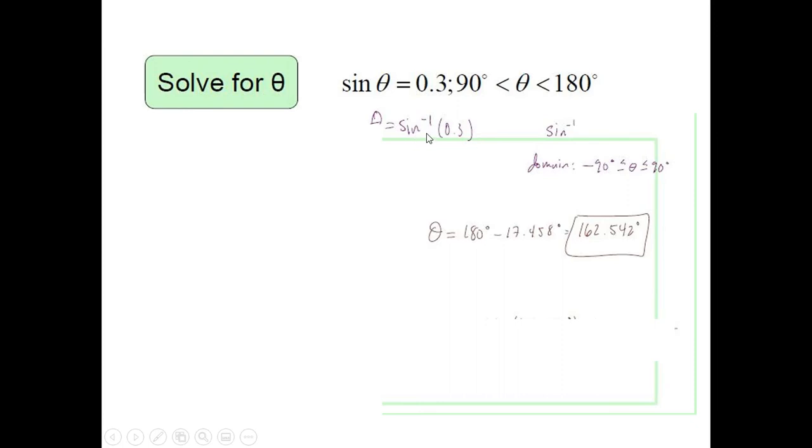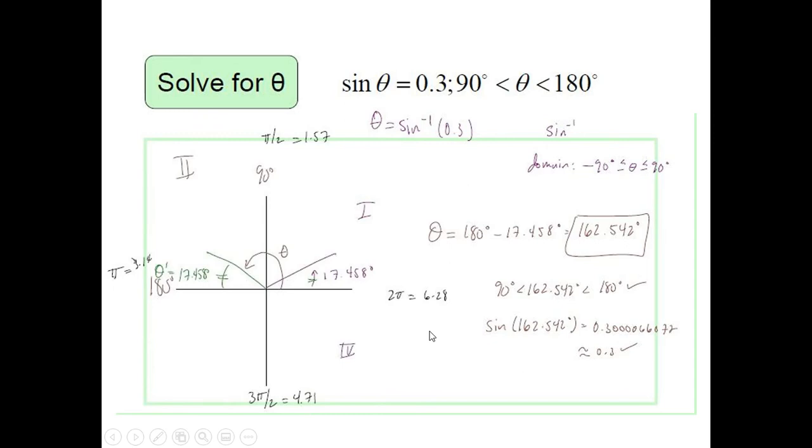If my inverse sine of 0.3 gives me 17.458 degrees, I need to subtract that from 180, which is 162.542 degrees. Yes, that's between 90 and 180. And if I take sine of 162.542, it gives me approximately 0.3. So yes, that checks out.